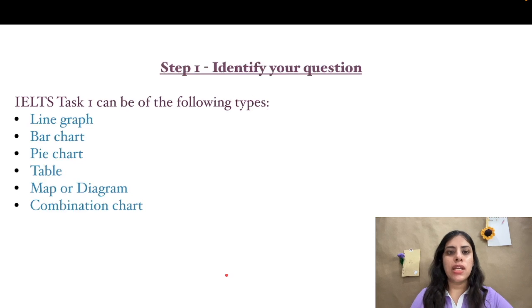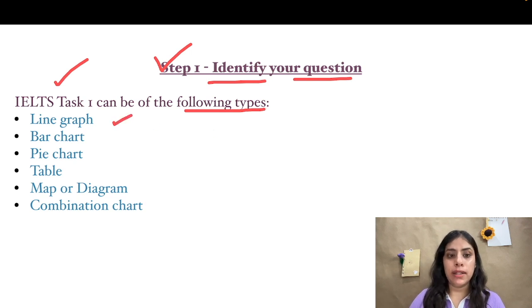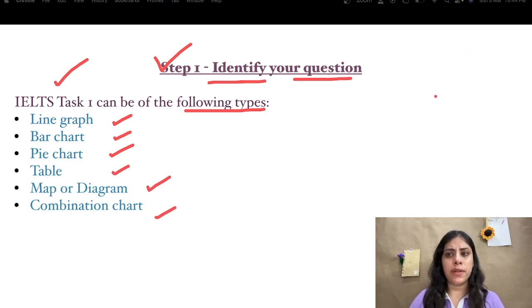Let's move ahead. Step 1 to write your IELTS task 1 answer is to identify your question. Your task 1 can be of the following types: a line graph, bar graph, pie chart, table, map or diagram, or a combination chart. I'll quickly explain all of these.